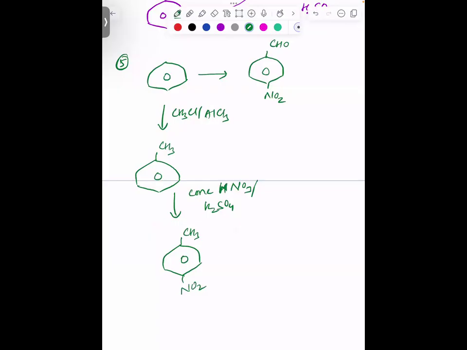Okay, then chromyl chloride, carry out that reaction. So that will be converted to para-nitrobenzaldehyde. Note it down, students.